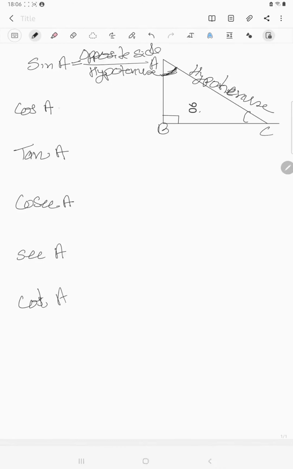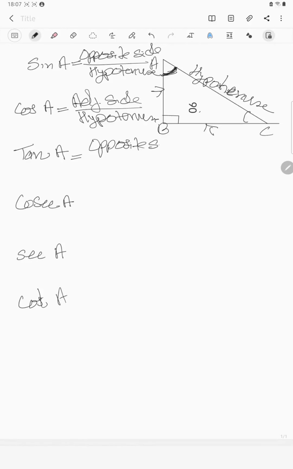Similarly, when I talk about cos A, it is the adjacent side to the angle A, so it is adjacent side upon hypotenuse. Now when we talk about the tangent, it will be the opposite side upon the adjacent side.